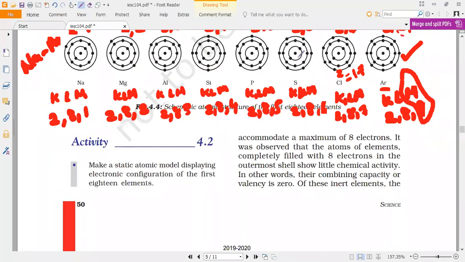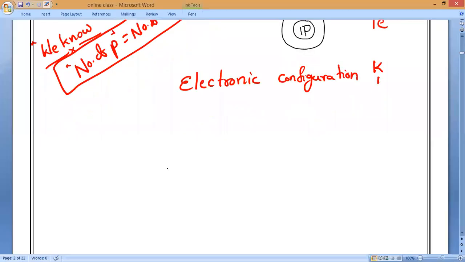So you can go back to the screen. Till 18, any element we can write the electronic configuration directly. So let us write potassium, no, sorry, not potassium. We'll go with argon. Argon atomic number, just now we studied, 18.